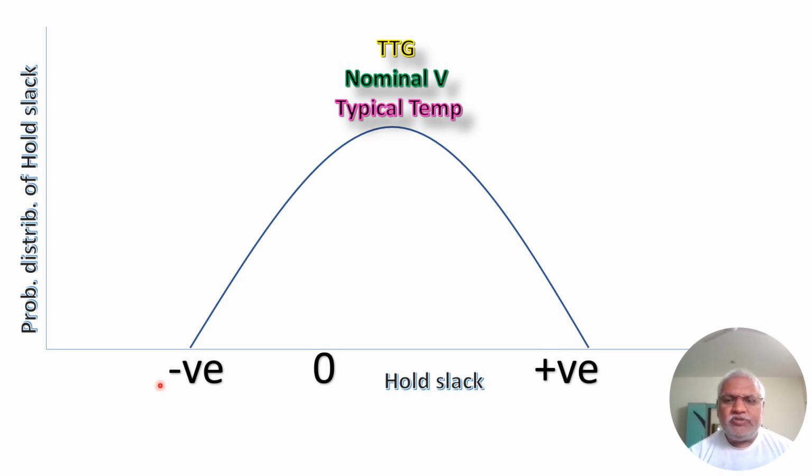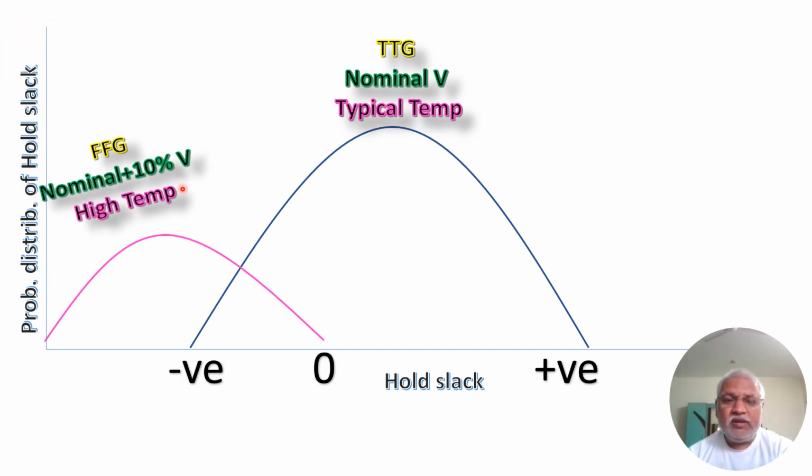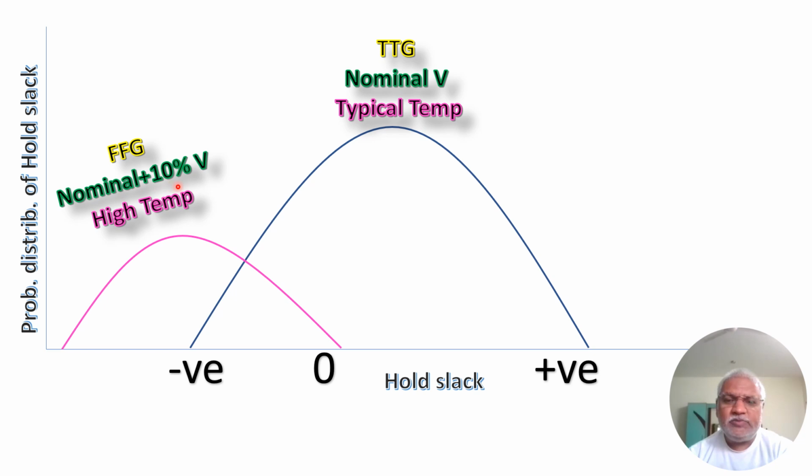So in a particular hold slack, the typical probability distribution will be somewhat in this fashion. Definitely these negative slack values need to be fixed. This is just one typical distribution. When you perform analysis for the same design at the FFG corner, nominal plus 10% voltage and high temperature, sometimes we need to perform at multiple corners, as I mentioned: fast global corner, nominal plus 10% and minus 40 or minus 20 degrees centigrade.